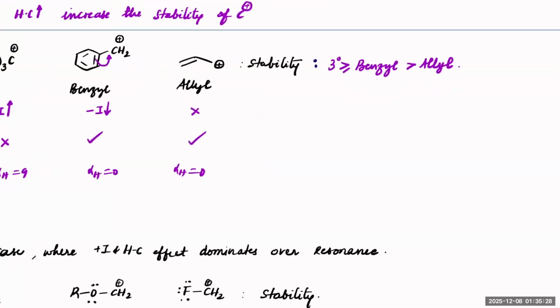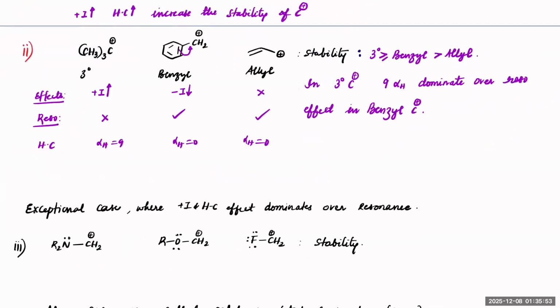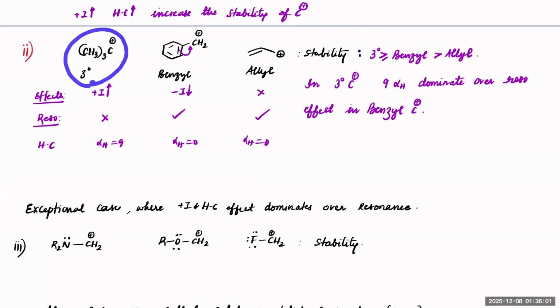So here we can say in 3 degree carbocation, the 9 alpha hydrogens will dominate over the resonance effect in benzyl carbocation. That's why this order is slightly different. We expect benzyl, allyl and 3 degree to be the order, but what you will notice is 3 degree, benzyl and allyl, that is the correct order.